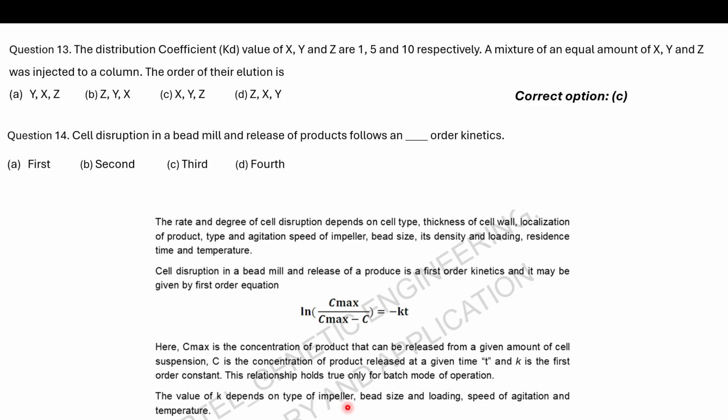So all these different conditions affect how fast or how efficiently a cell is disrupted using the bead milling method. Basically the question asked what kind of kinetics it follows. So it is first order kinetics. Okay, option A.